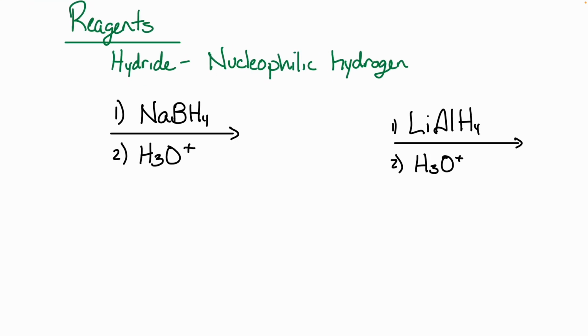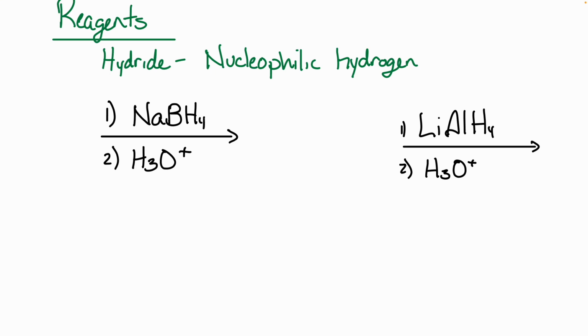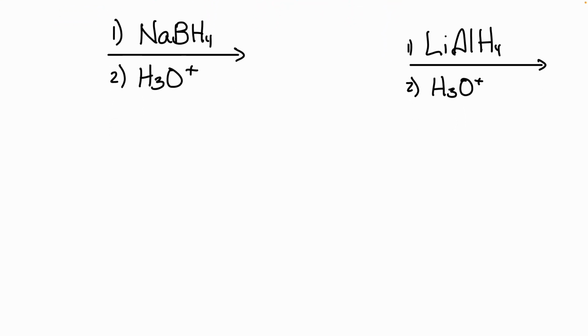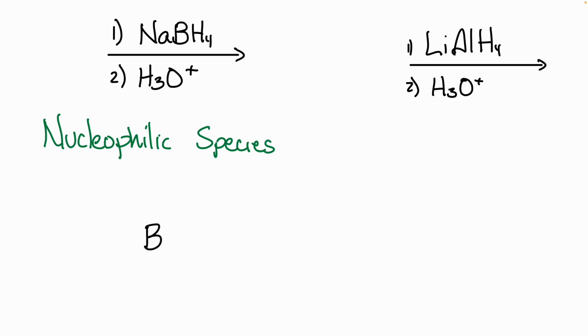Okay? For our purposes, for right now rather, at this point in the course, these two are identical. Whichever one you use, you're going to get the same product. Importantly, the sodium, as sodium always does, is nothing in a chemical reaction. It just serves as a counter ion. So really the important thing here, let's call it our nucleophilic species, is that metal hydride.